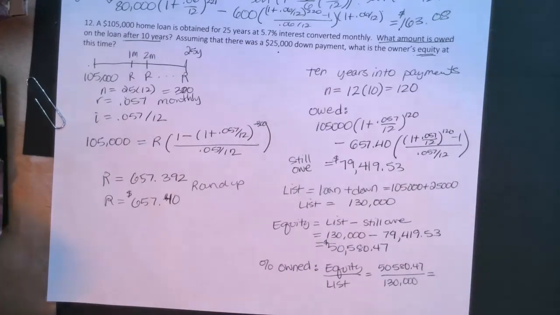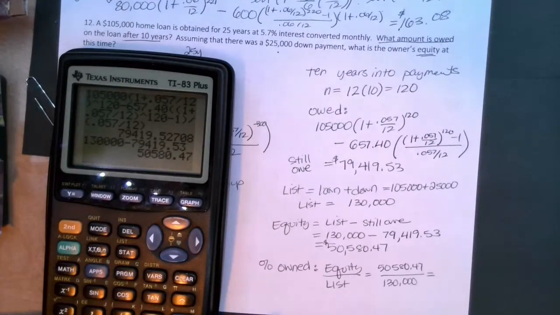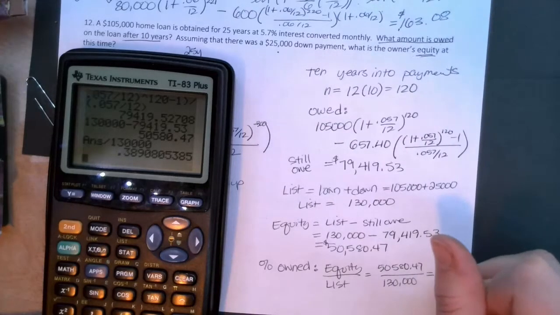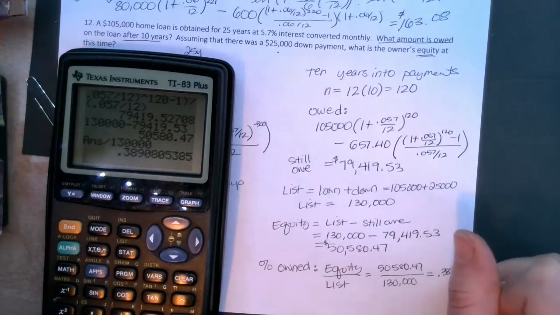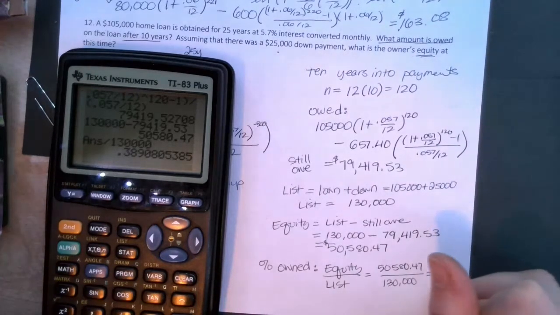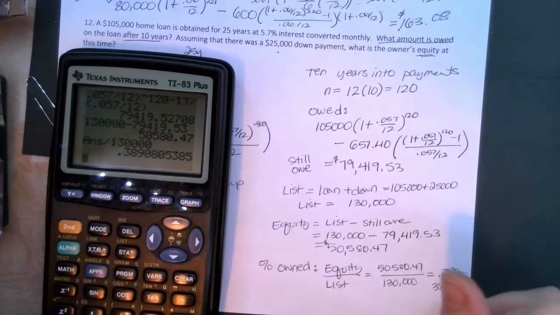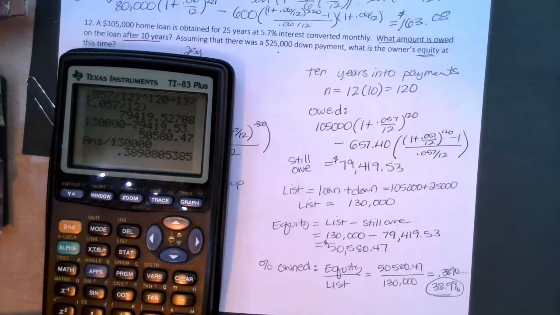So here you're going to get a decimal. So we can just take that answer and divide it by that 130,000. So you get 0.389. Because we're going to write that as a percent, we're going to say 38.9%. That's how much we would own right now.